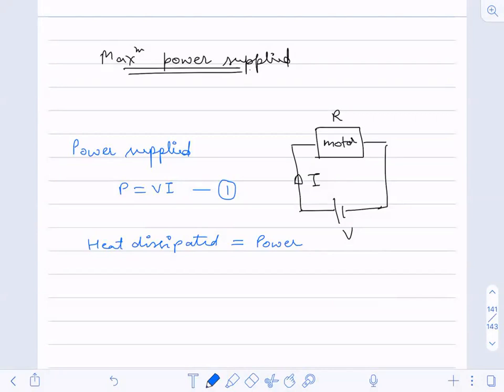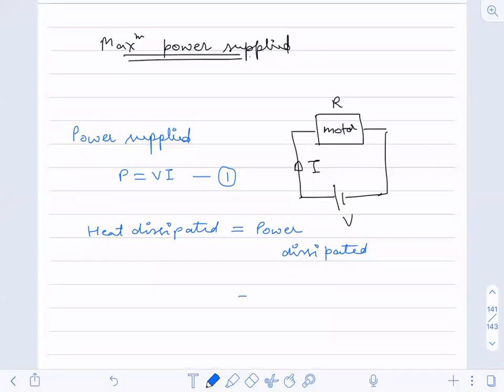They must not be equal, otherwise this motor will not be able to do the mechanical work. Suppose this battery is giving 10 joule, and 1 or 2 joule this motor is dissipating as heat. So 8 joule is the energy it is taking and doing some work. So heat dissipated or power dissipated, I can write as I square into R. This is my second equation.